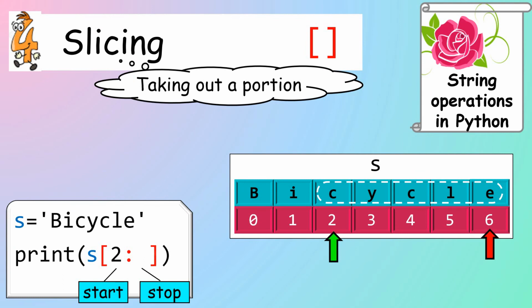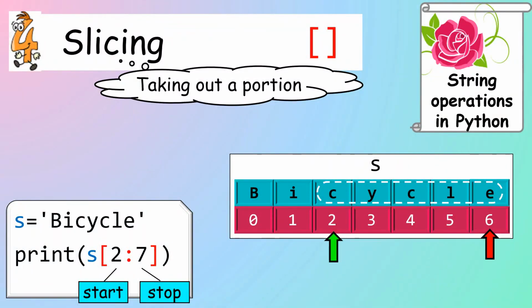So here in the slicing operation, in the place of the stop index, I have to give 7. You will be wondering why I am giving 7. You have to recall that Python always takes the stop value as stop minus 1.